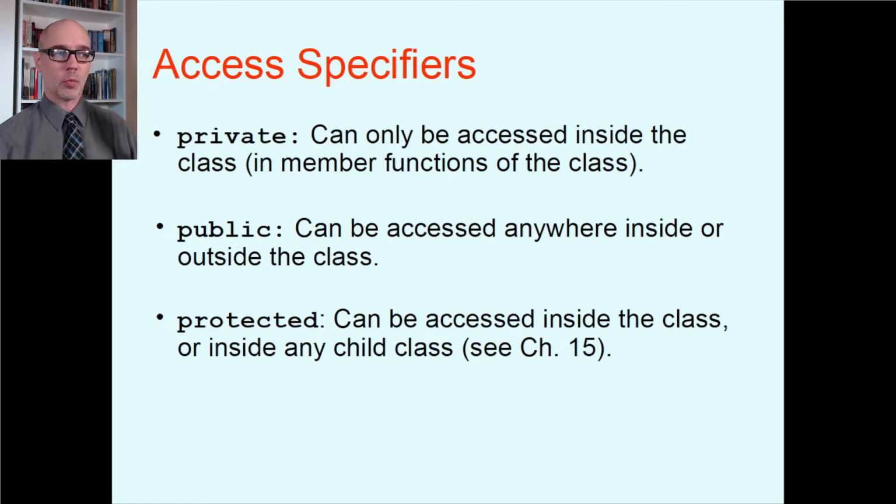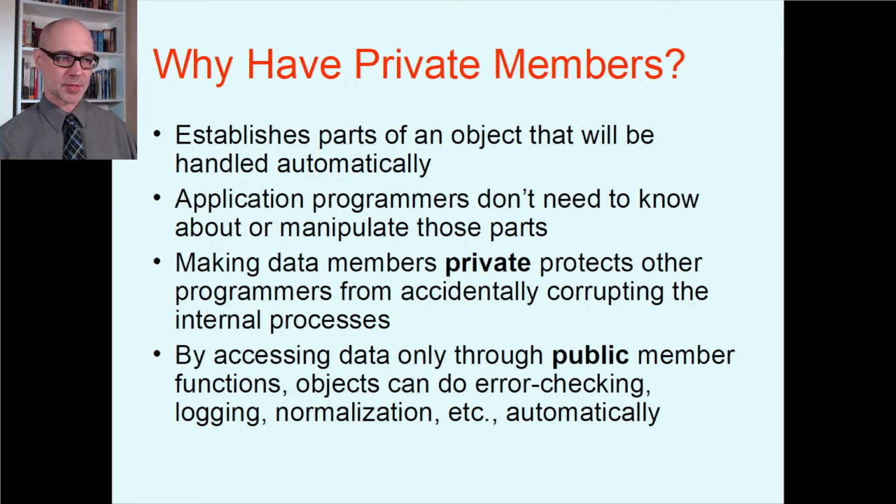Don't forget that we usually make our member data, the variables, private. Usually we make the functions public. And that's how that goes. We'll see exceptions. All right, so let's reflect on why we have private member data. Why do we do this data hiding of putting the data in the private part so that application programmers cannot directly access it?